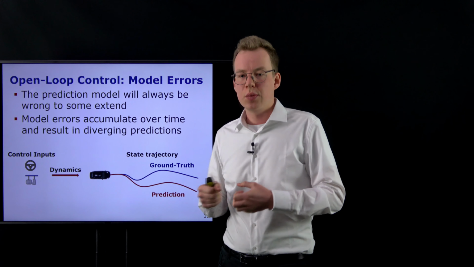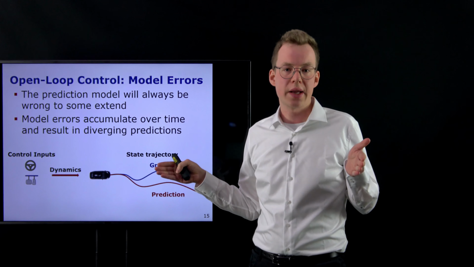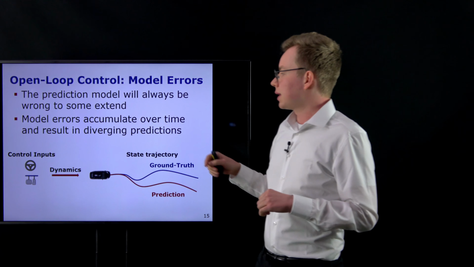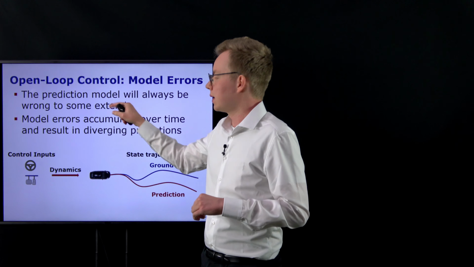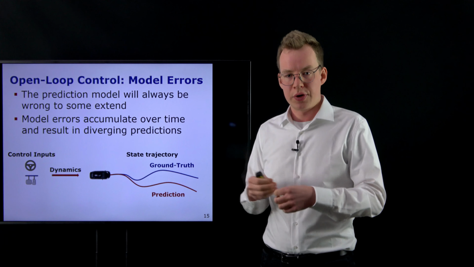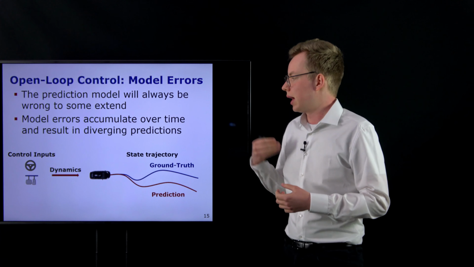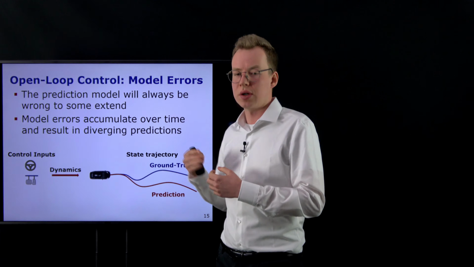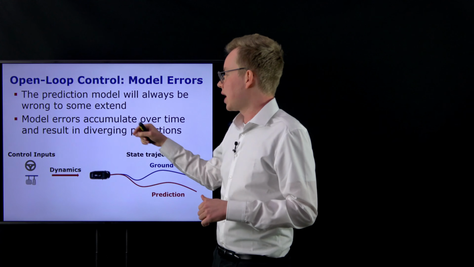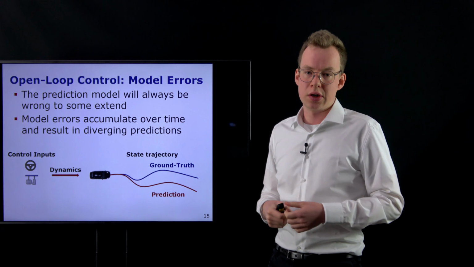So if you imagine that we just solve this optimal control problem and then we take the sequence of controls that we had and play them out to achieve our task, we would get the problem that we use a prediction model that will always be wrong to some extent. So the prediction model was an abstraction of the real system, and so it will have errors. And because we would take multiple steps one after another, often these errors will accumulate over time and they will result in a diverging trajectory of the system.